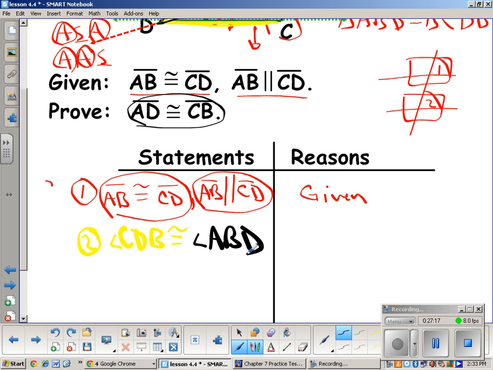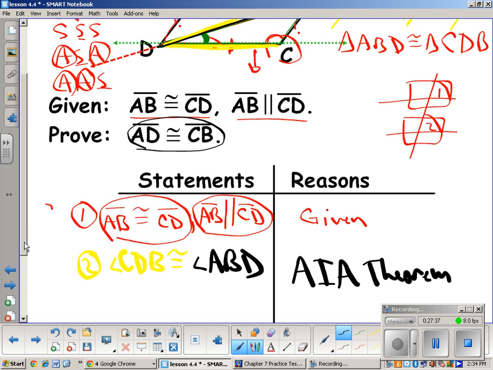Since that theorem has a name, we can just write that name down. We don't have to state what it says.